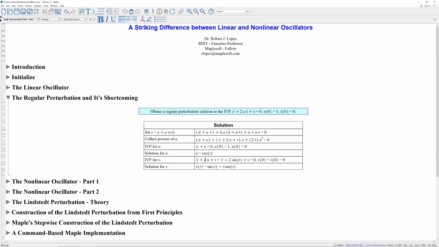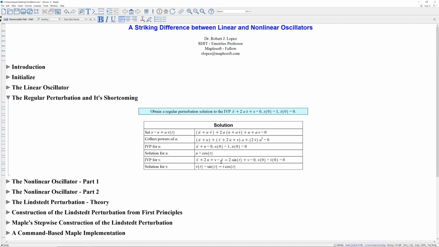So v double dot plus 2 u dot, and u dot is minus sine t, and then this becomes the initial value problem you need to solve. The initial conditions now are the initial conditions for v, and if you think about this, you get v double dot plus v.